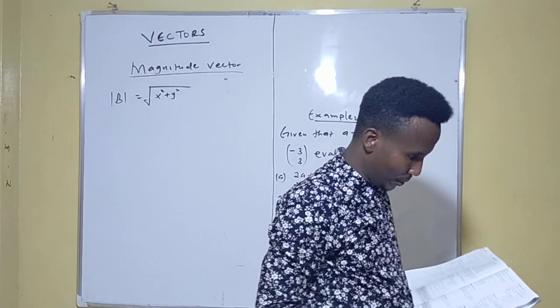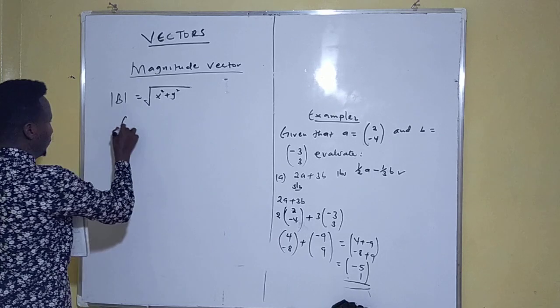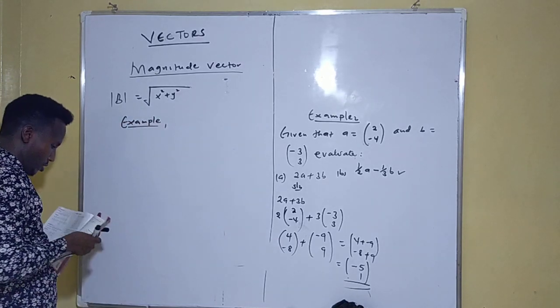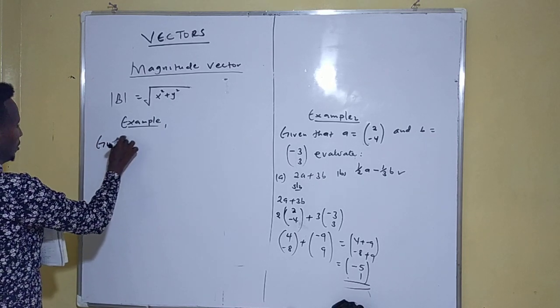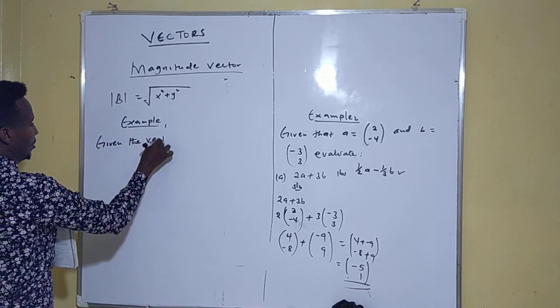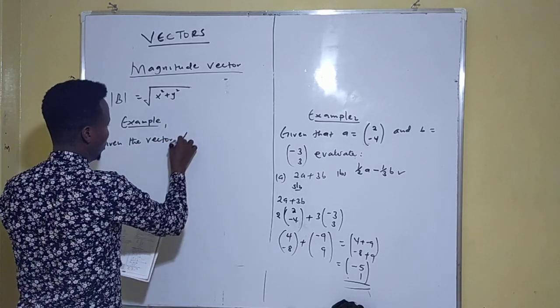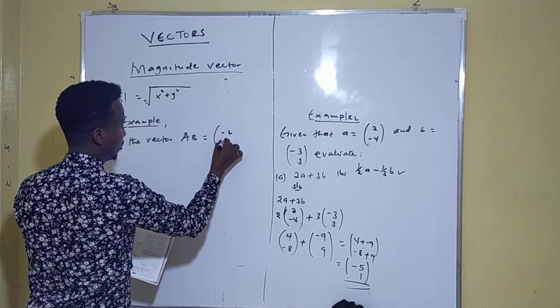So sometimes you can be given, let's see example 1. Example 1. You are told given the vector AB is equal to (-2, 4).